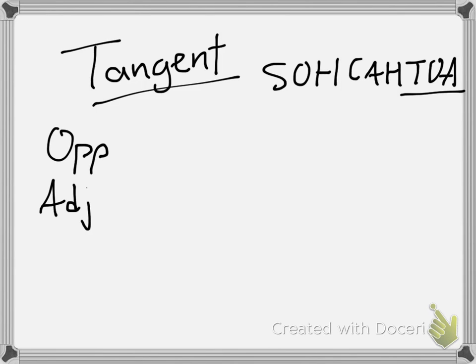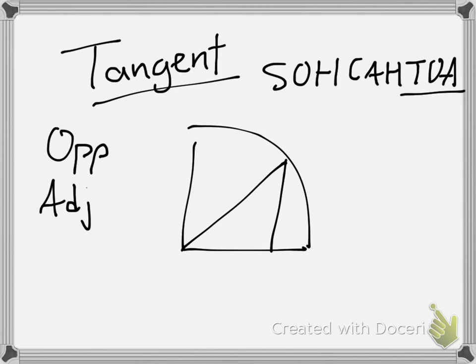So when we're looking at the unit circle, let's just draw part of it, and we draw this triangle here. Well, for tangent, we're doing opposite over adjacent, so that'll be our opposite, our adjacent, because we're coming from this angle theta. And so the point is going to be x and y.